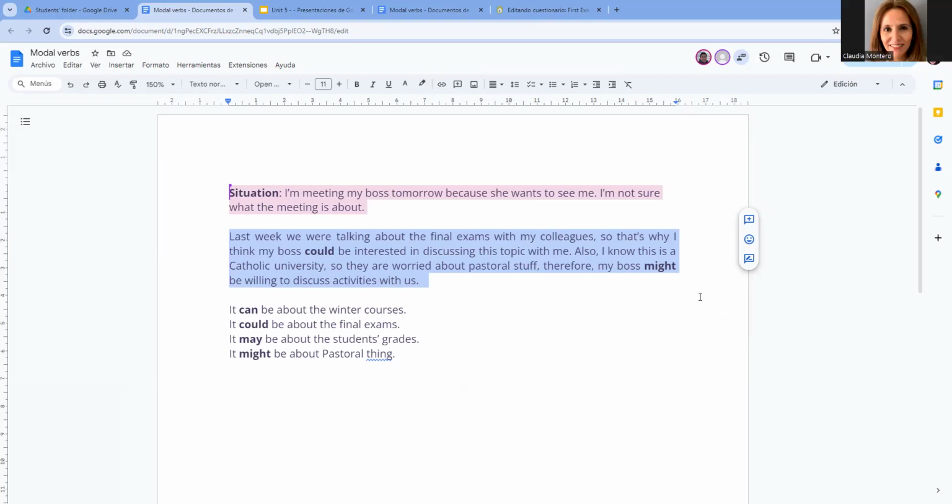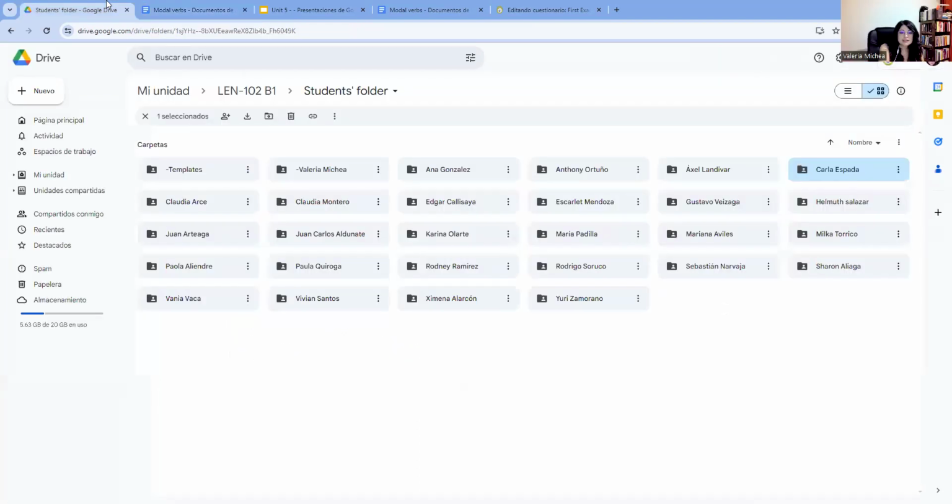Where is the document? Docs, Google document. Where is it? I sent an invitation to your email when we started the class. It's in my folder.